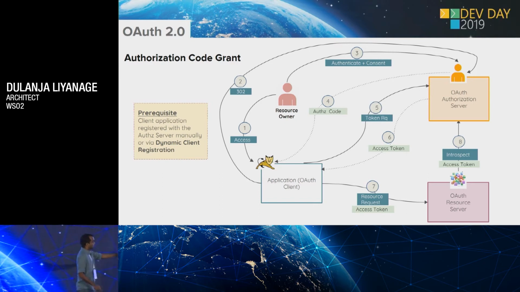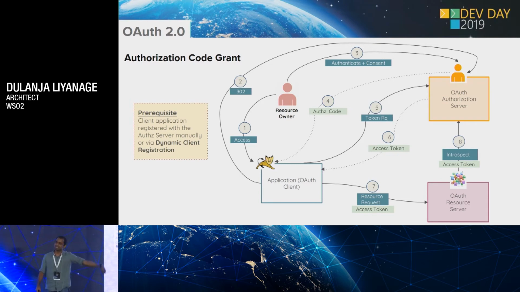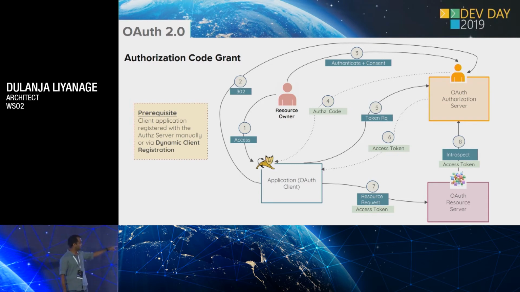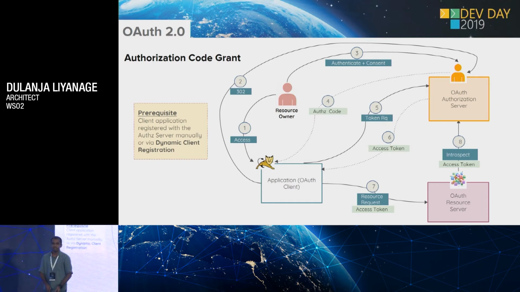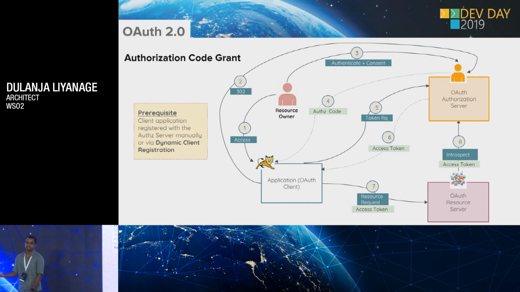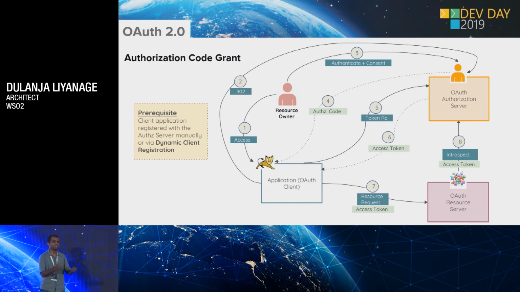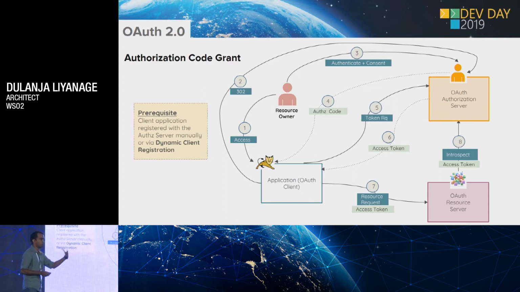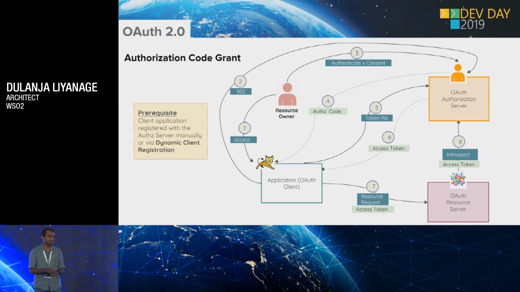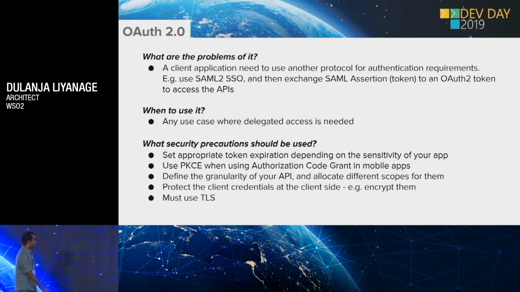The client is not supposed to check inside the access token. The one who needs to check that is the resource server, right? So this is only a delegation protocol, not an authentication protocol. The authentication part was missing. So you had to use something like SAML SSO for authentication, and then use OAuth 2.0 to get the token, right? So that was a major gap in OAuth 2.0.